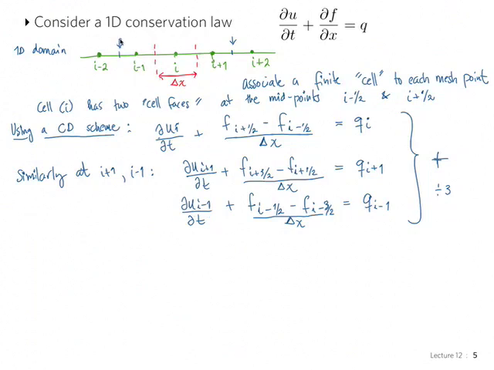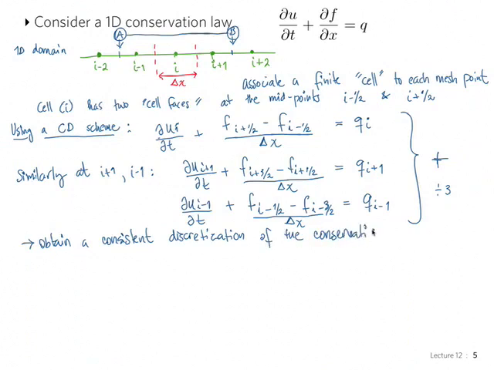Let's call this point A and this point B, and so I could have for this big cell that covers 3 delta x, if I add these 3 equations and divide by 3, a consistent discretization for that big cell, cell AB that goes between I minus 3/2 up to I plus 3/2.